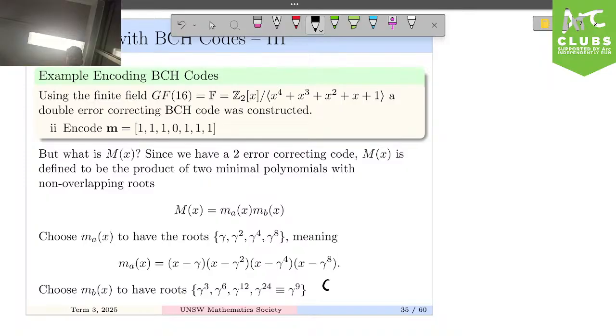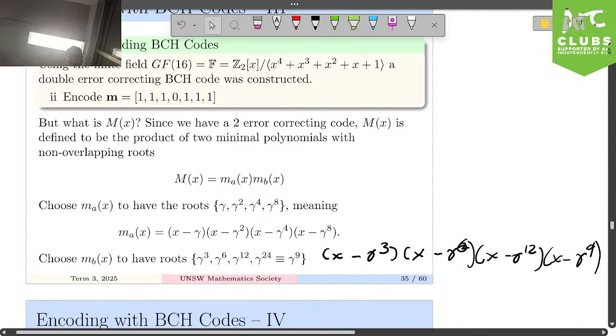So M B is going to be x minus gamma cubed, x minus gamma to the 6, x minus gamma to the 12, and x minus gamma to the 9. Alright, so those are our two minimal polynomials.